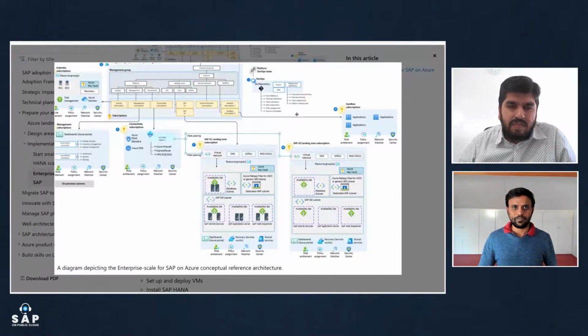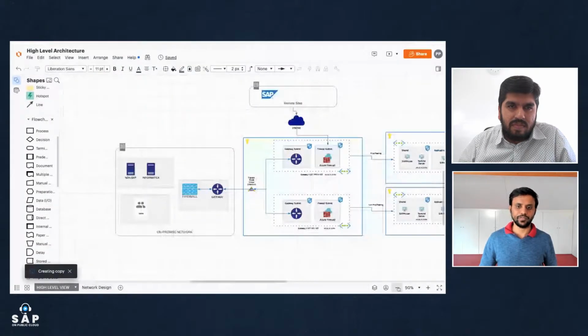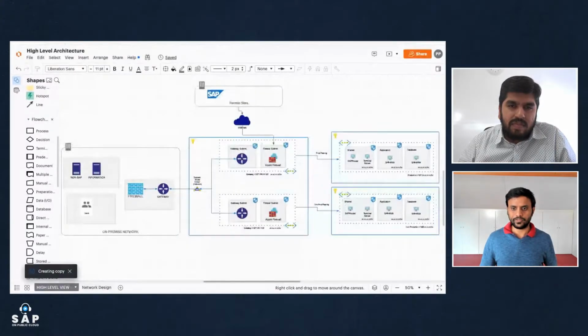Let me present a quick high-level architecture where Pranesh and I will be taking you through how this kind of architecture can be helpful for your deployments when it comes to SAP on Azure.